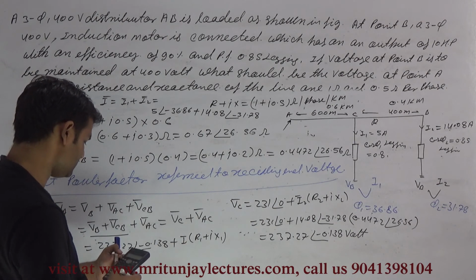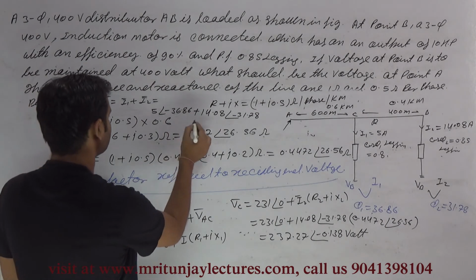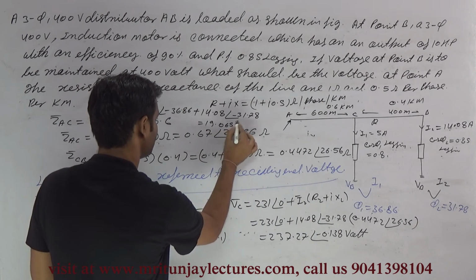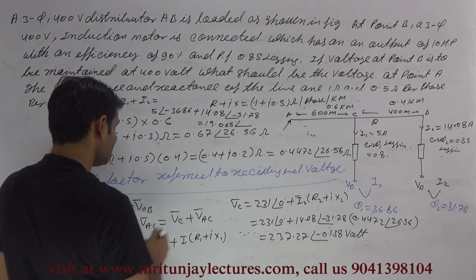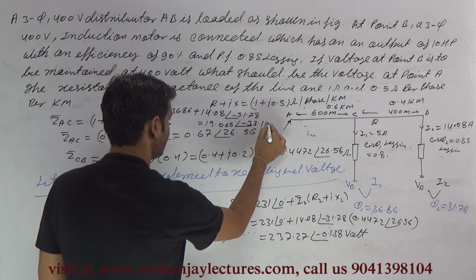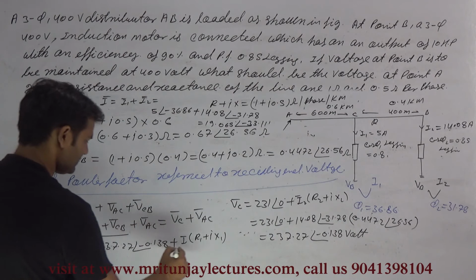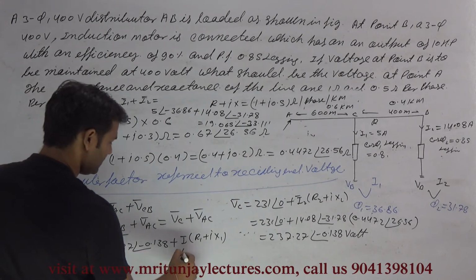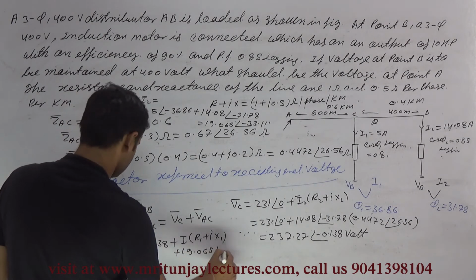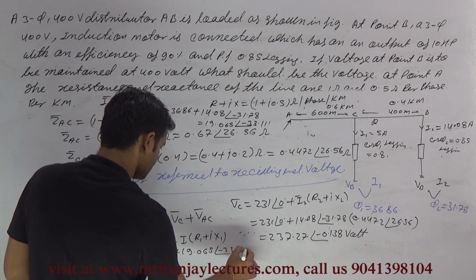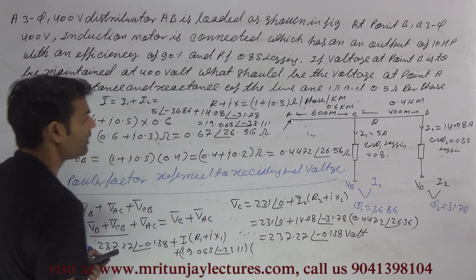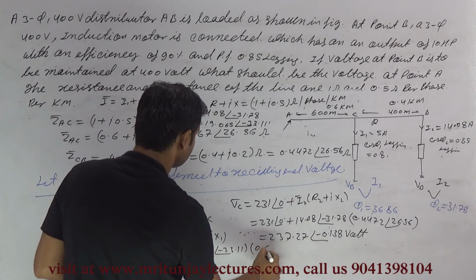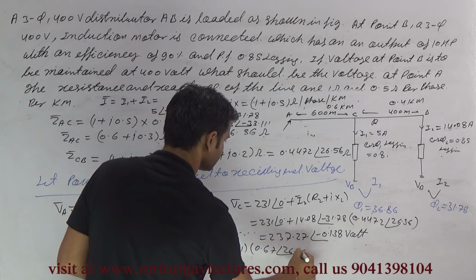It is converted, and we got 19.065 at the angle minus 33.11. So this is 19.065 at the angle minus 33.11 into (R1 + jX1), which is 0.67 at the angle 26.56.